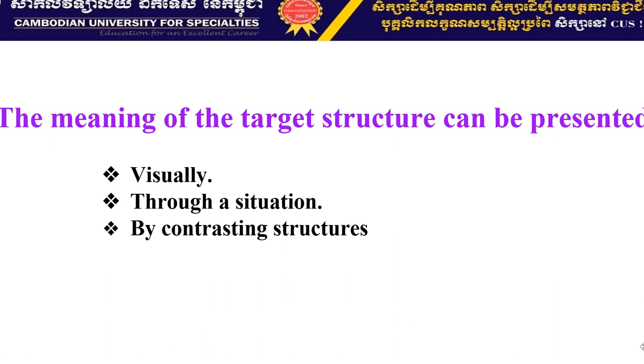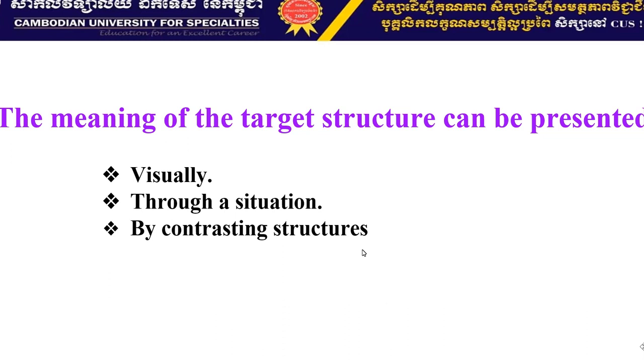So not all the time the teacher can use a visual context, but he can use situations. For example, the teacher presents the past simple. So the teacher might tell the student about a story that happened to him last week. So that is through situations.